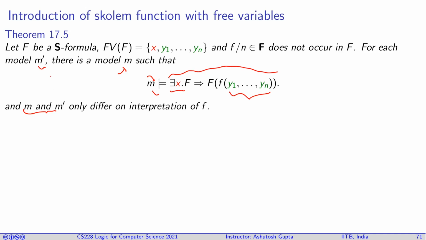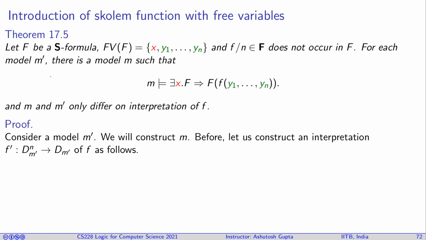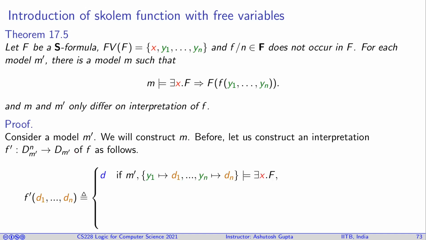So let's see how we can do this. Consider a model M prime, and we will construct M. Before doing that, let us construct an interpretation f prime of f as follows. If I get some n-tuple d1 to dn, I take M prime and give an assignment y1 equals d1 through yn equals dn, and see if it satisfies my formula 'there exists x F'.